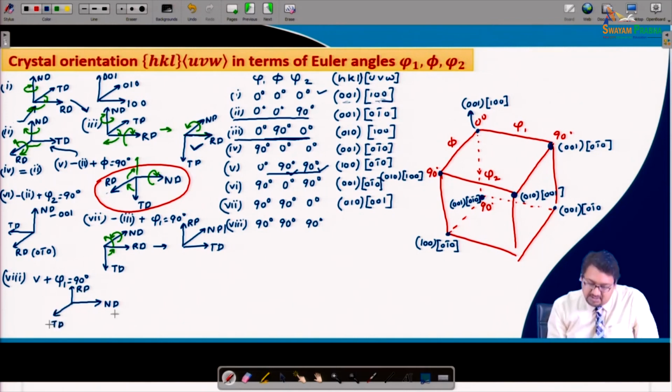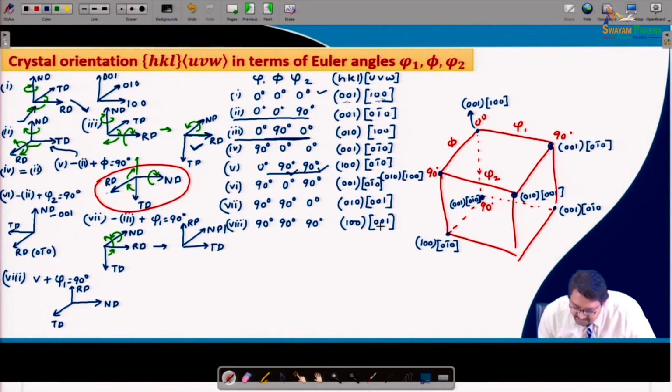So, you see the ND basically of this position is 1 0 0, whereas the RD becomes equal to 0 0 1, right. So, if you see that this is a position where phi 1 is 90, phi is 90 and phi 2 is 90. So, thereby this position is 1 0 0 0 0 1.